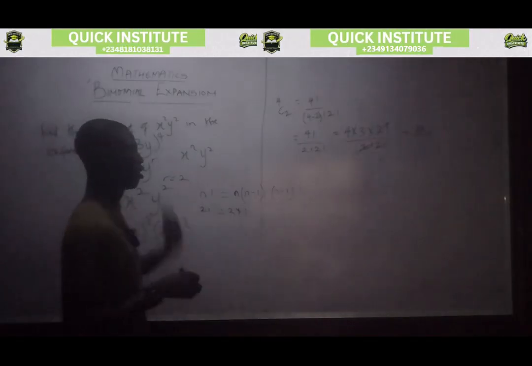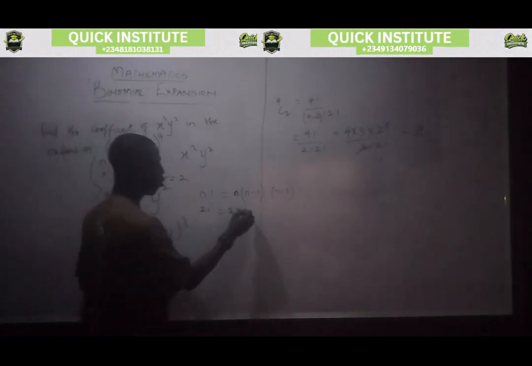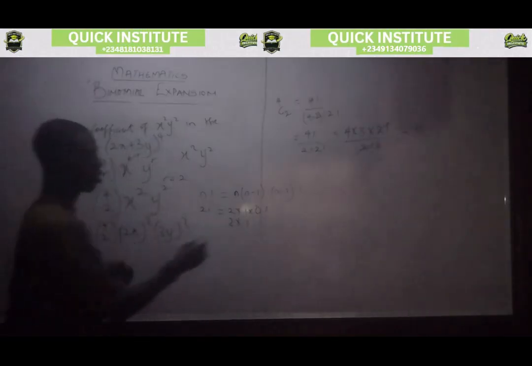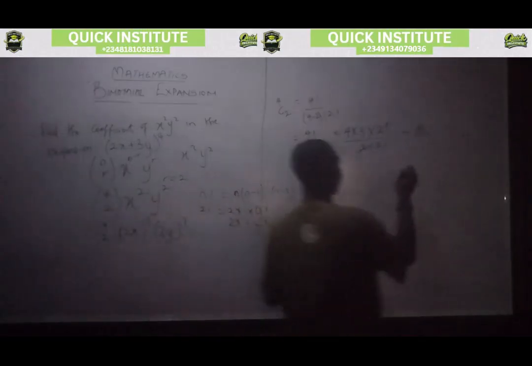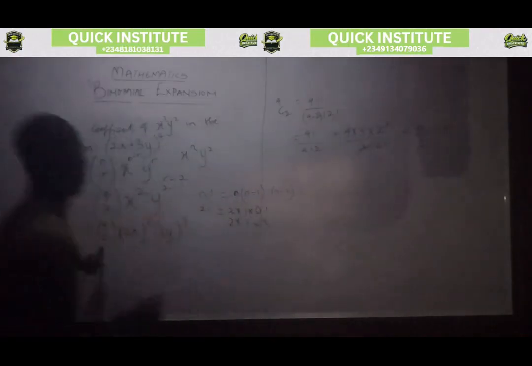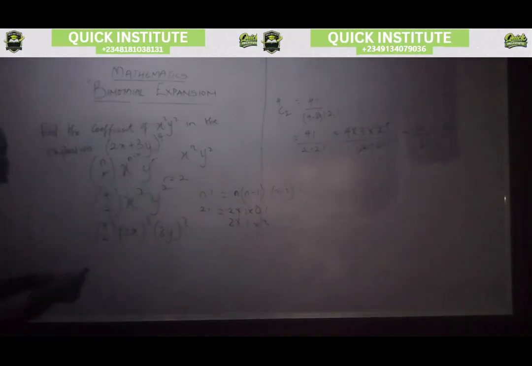It's not multiplying by 0, because 0 factorial is 1. So 2 times 1 is 2, therefore 2 factorial is 2. And 12 divided by 2 is 6. So therefore 4 combination 2 is 6.